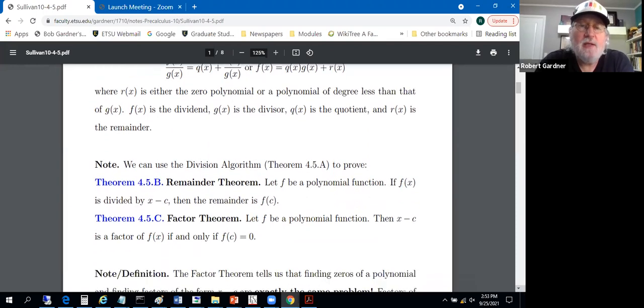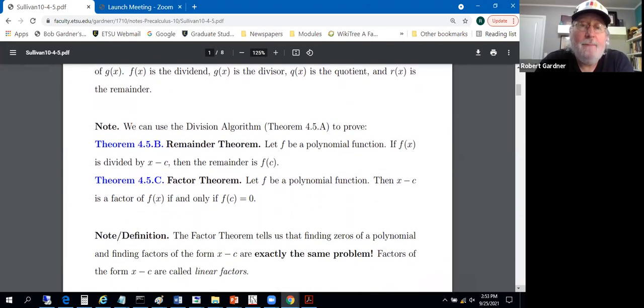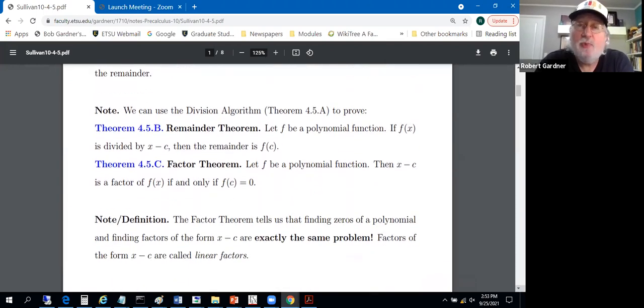We're not quite in a position to prove that, but we can use it to prove some other useful stuff. Two useful things are the remainder theorem, which says, let f be a polynomial function. If f of x is divided by x minus c, then the remainder is f of c.